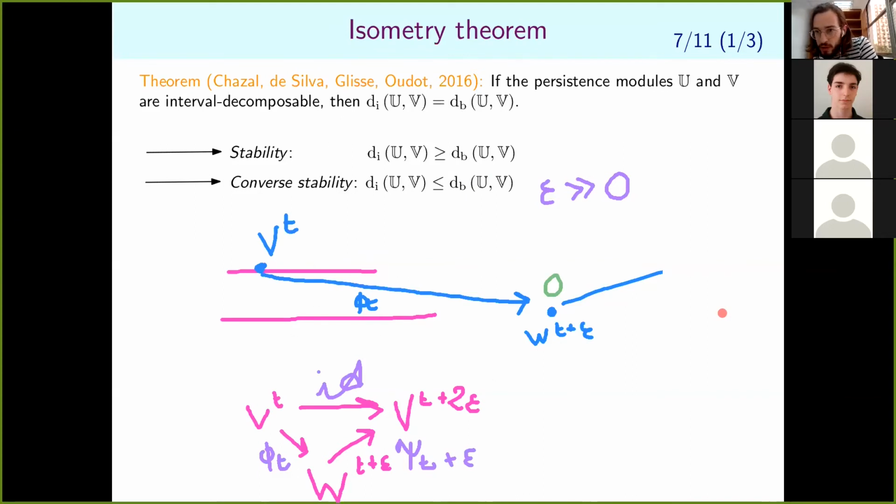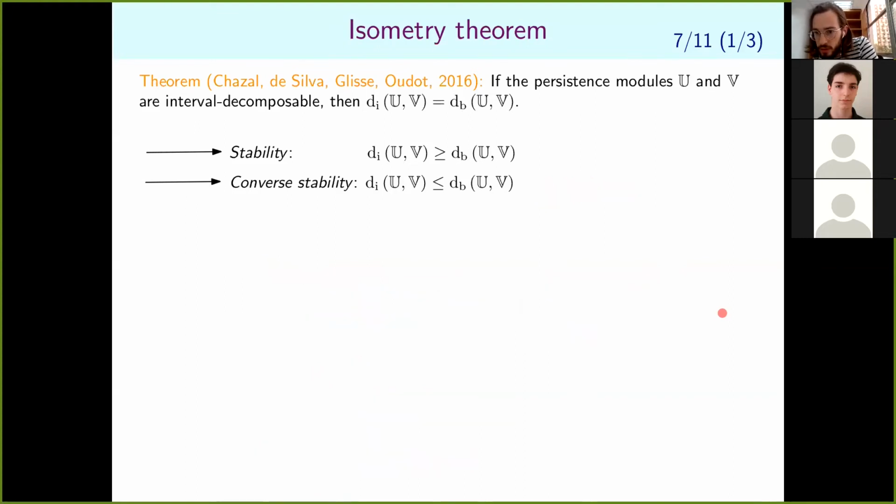And also on the right, we also have the 0 vector space. So this map here is 0. This is not the identity. This is a mistake that I wrote.